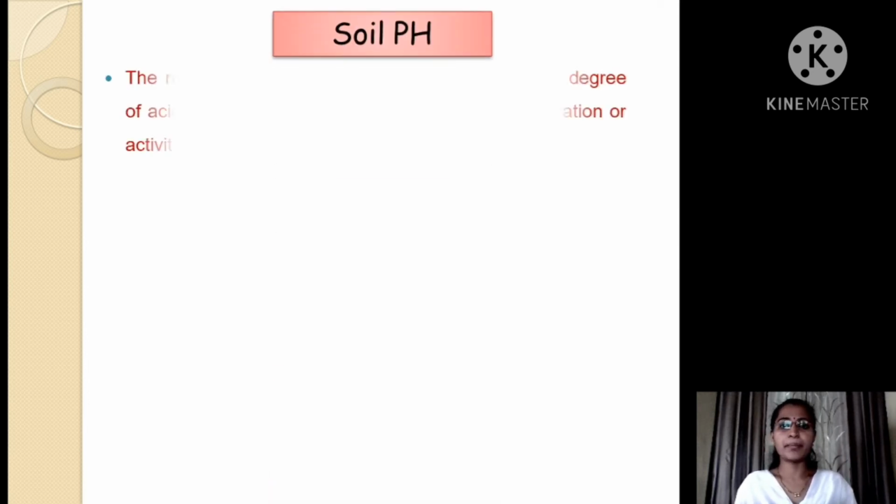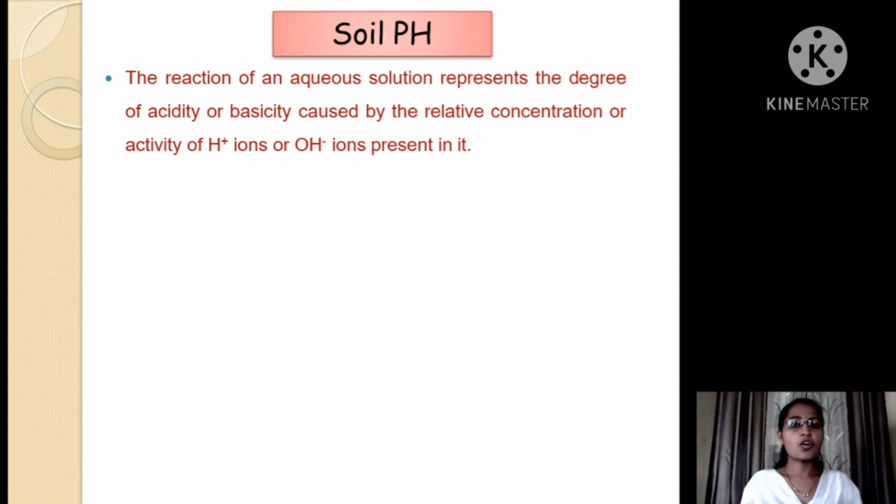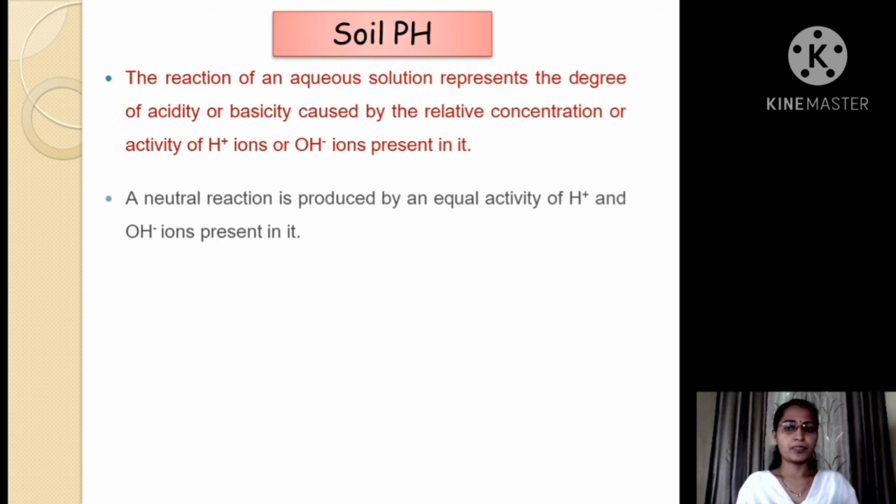And depending on that, there are three types of soil reactions: acidic, alkaline, and normal reaction. Now see the soil pH. The reaction of an aqueous solution represents the degree of acidity or basicity caused by the relative concentration or activity of H+ ions or OH− ions present in it.